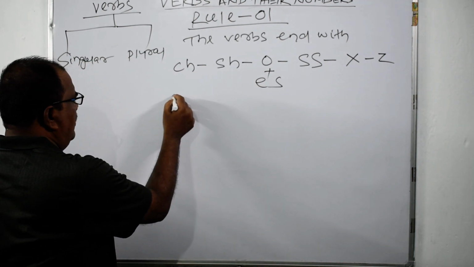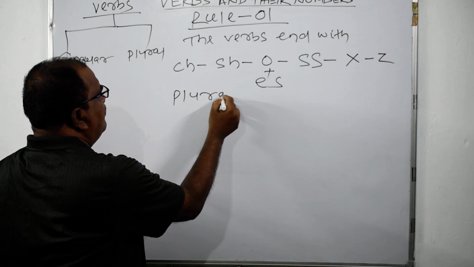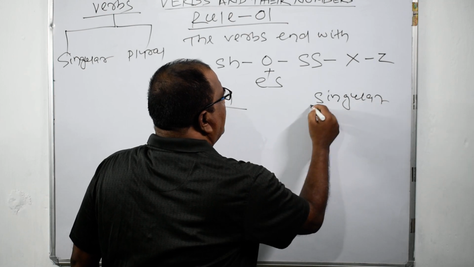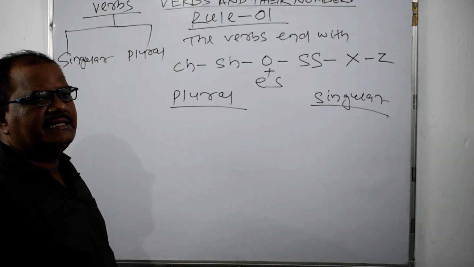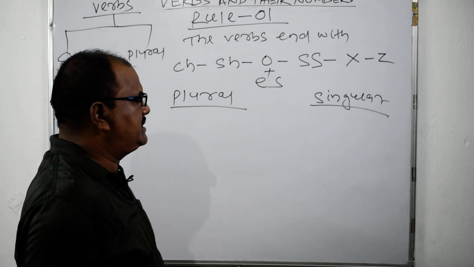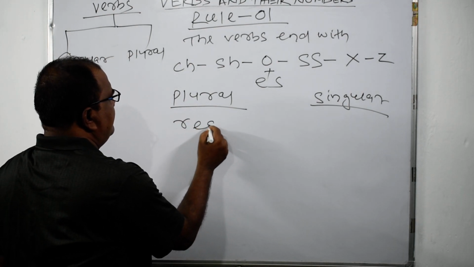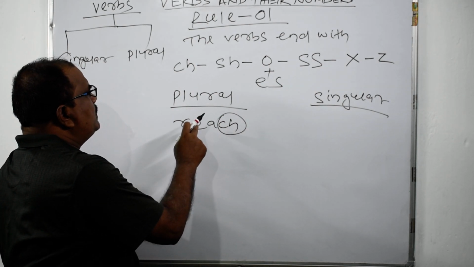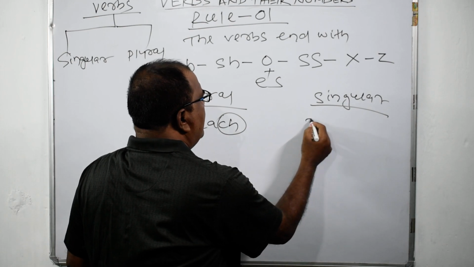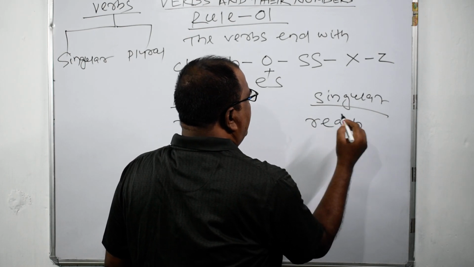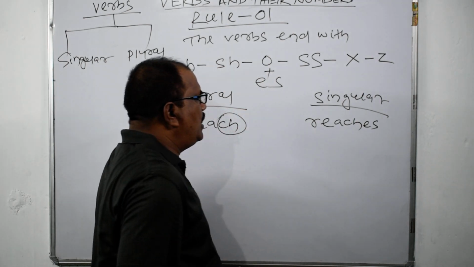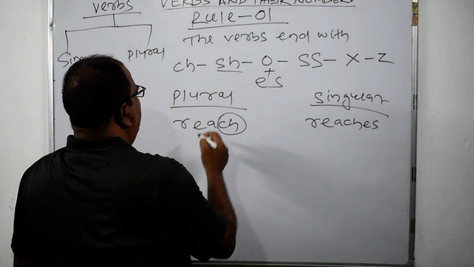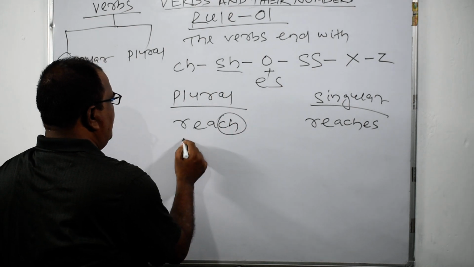For example, plural verb, singular verb. We can take the first example of the verb which ends with ch: reach. When we change it into singular from plural, as per the rule of grammar, es is added to the base form of the verb. Next, the verb ends with sh.